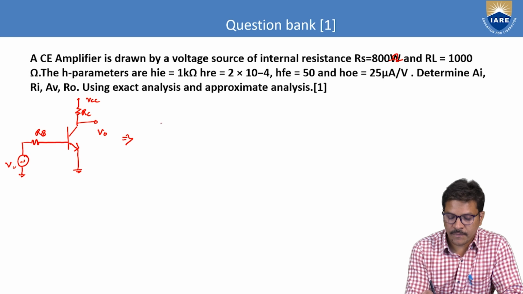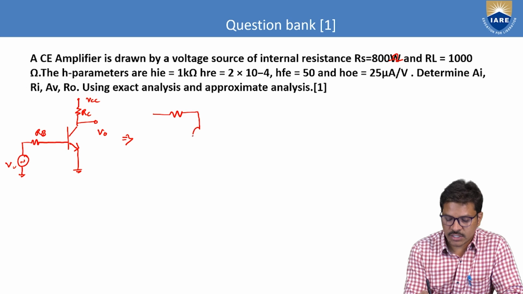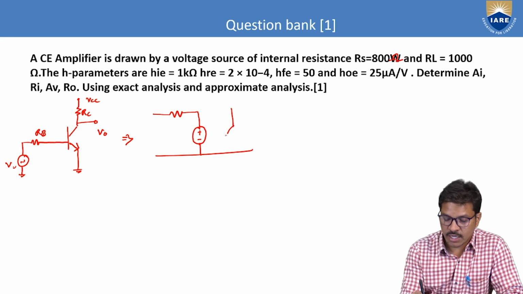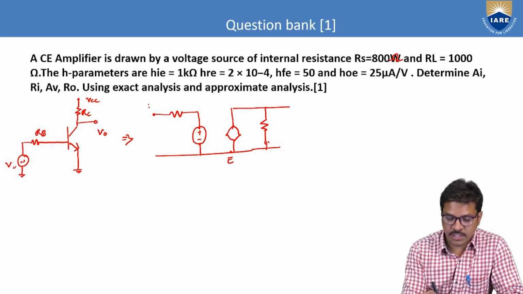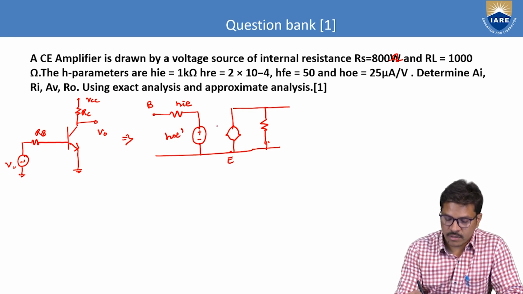Its equivalent H parameter model is a resistor in series with an independent voltage source, and a current source in parallel with the output admittance. Here the emitter terminal is common, and the base is the input: HIE, HRE, HFE into IB, and HOE.